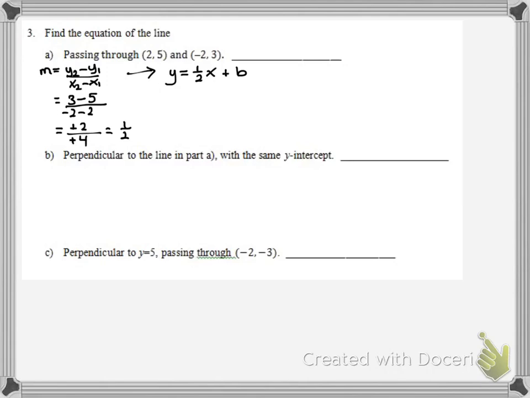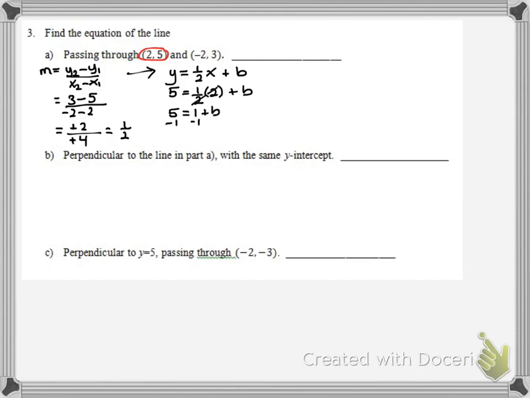You can choose either point you want at this point to find b. Just because I don't like the negative in the second point, I'm going to use the point (2, 5). I'm going to replace y with 5 and replace x with 2. And that'll be enough information to solve for b. Notice the 2's cancel, and I'm left with 5 equals 1 plus b.